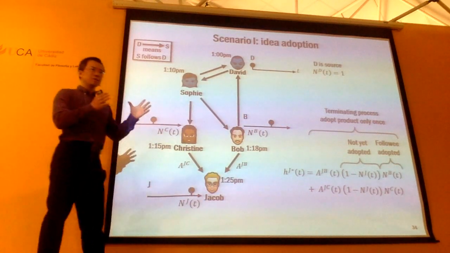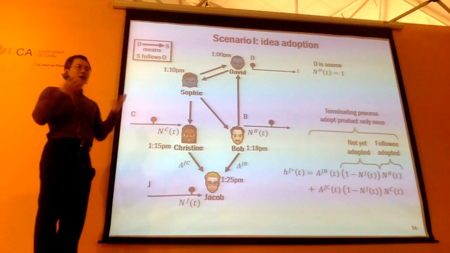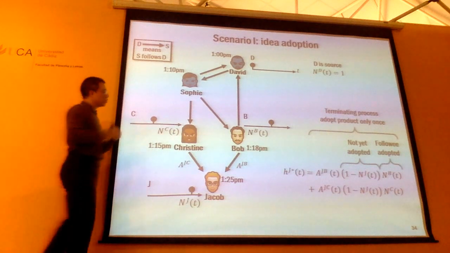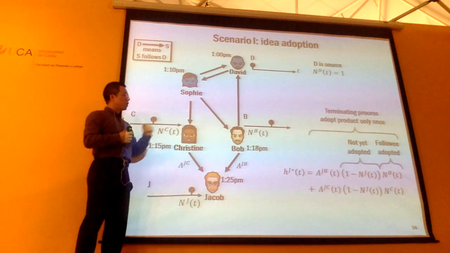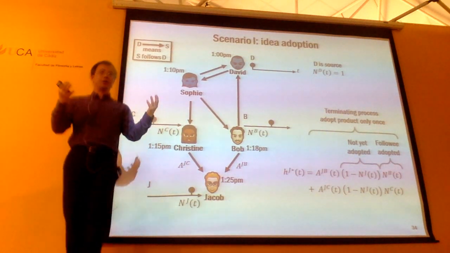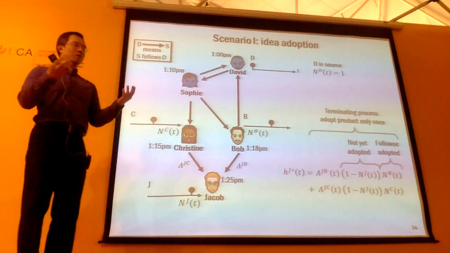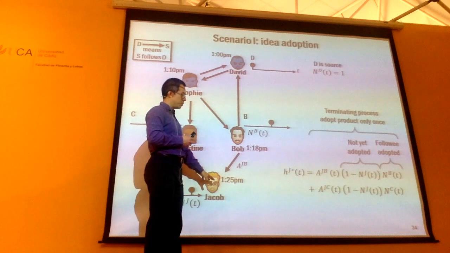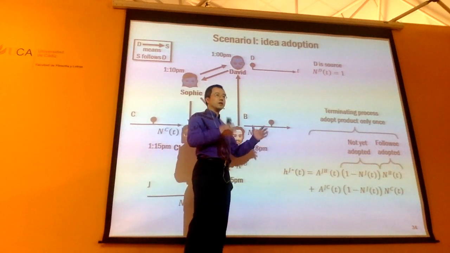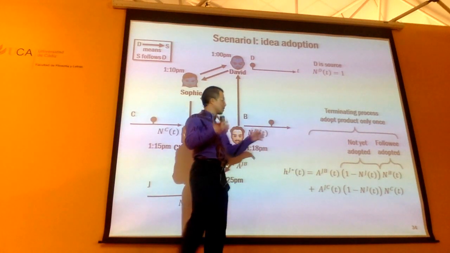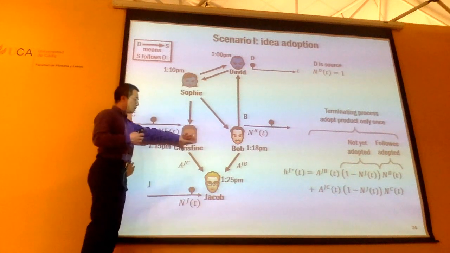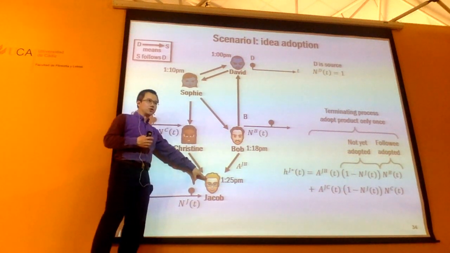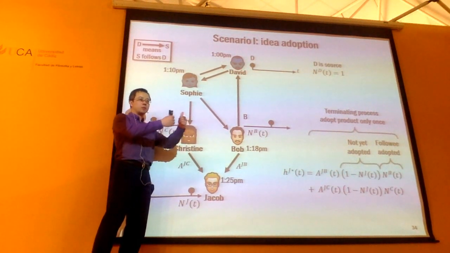So you just design this intensity in a way that incorporates the real-world scenario. You just look at your parents, Christine and Bob, and see whether they have already adopted the idea or not. If they have adopted the idea, it's going to have influence on Jacob. You just add together this influence of the parents, right? Exactly which one is the actual parent that transfers the idea to Jacob depends on this competing process, right?